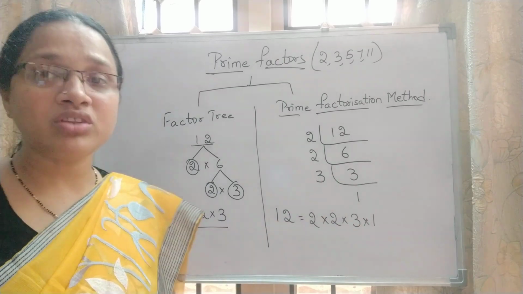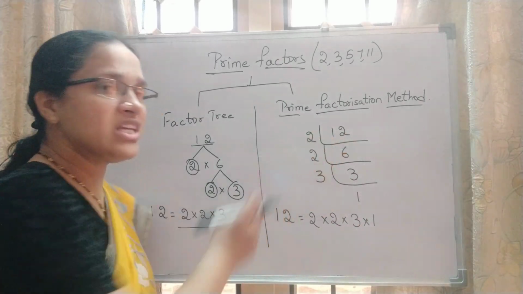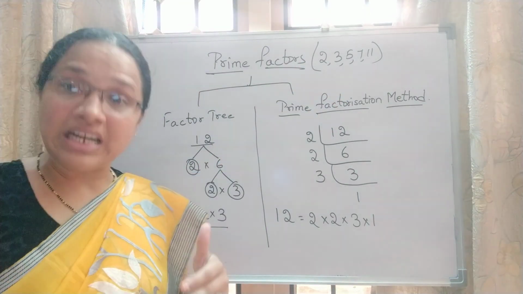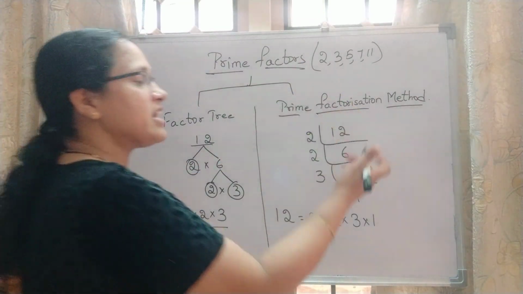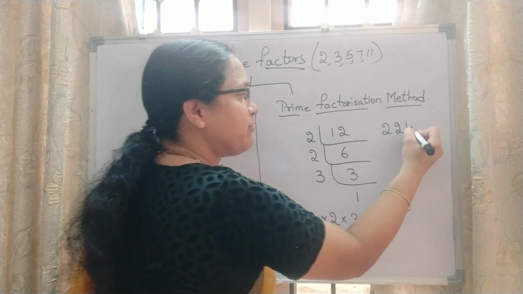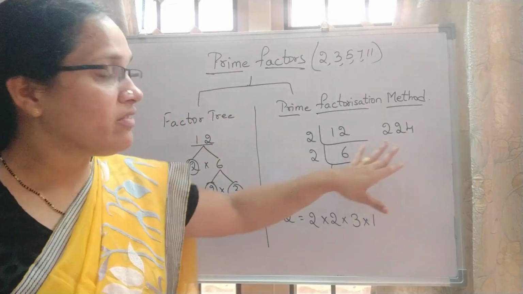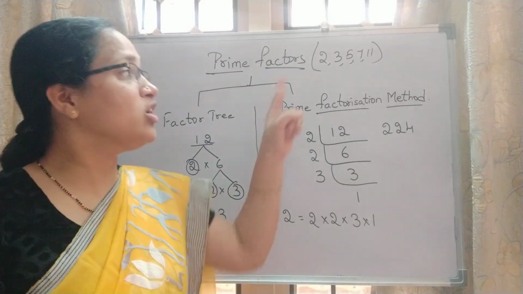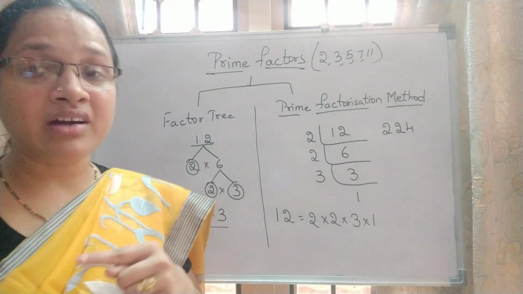Okay. And one more thing: as the number is very small, I have taken the initial prime numbers. If the number is a little bit big, like suppose a number 224, for such numbers you should use your divisibility rules, because we have already learnt about the divisibility rules in the previous videos.